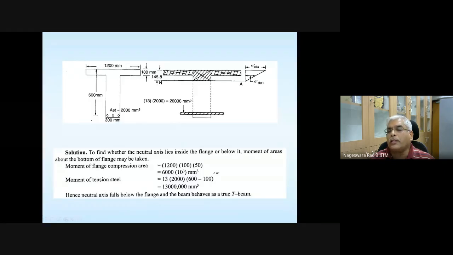So this dimension is going to be 1200 minus 300 divided by 2. What about the other dimension? It's going to match the flange thickness, which is 100 mm.